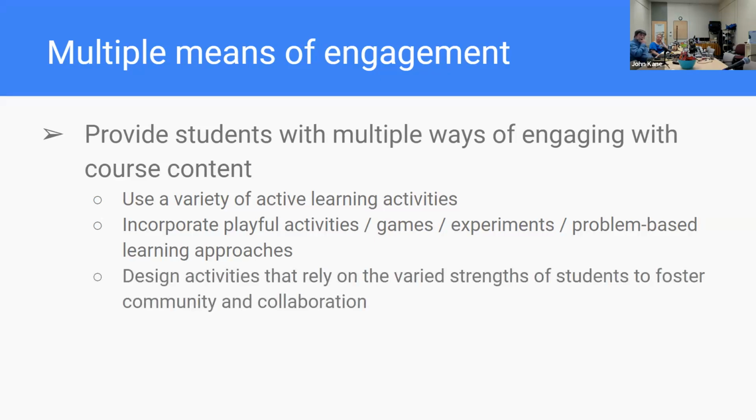And one of the key points about universal design for learning is that students come in with very varied strengths. Some have really strong content knowledge, some have less. Some students are very good at communicating, some are less good. Some students are very good at organizing material and so forth.